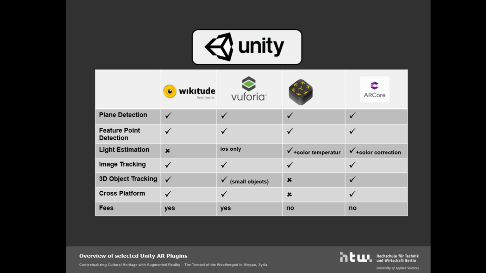There are certain features that for us are of particular interest, because if we're in a museum, we don't necessarily want to plaster everything with markers so that the marker is detected, because that takes a little bit away from the object itself. Luckily enough, some of these plugins also offer 3D object tracking.